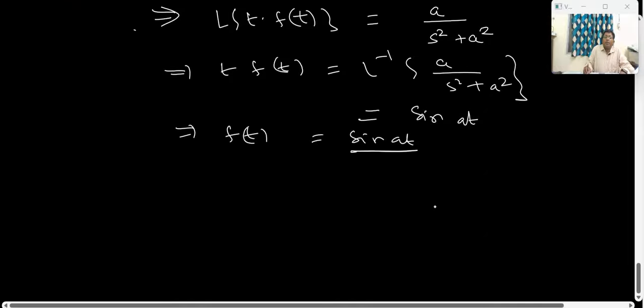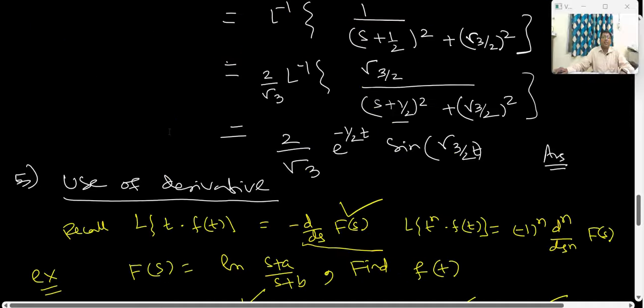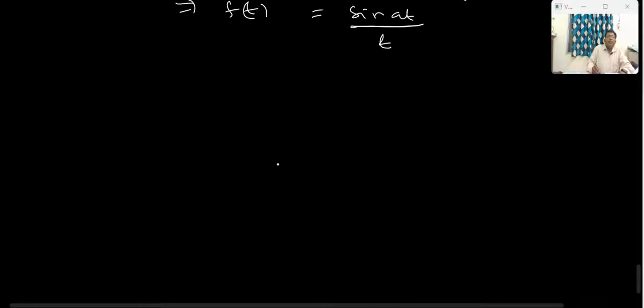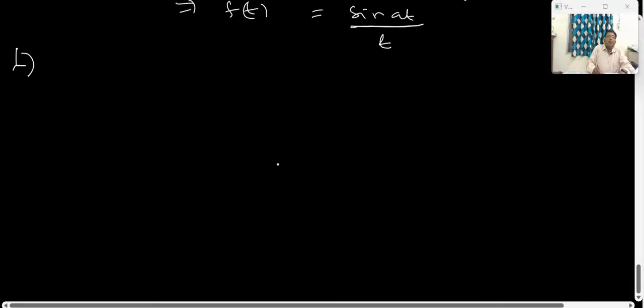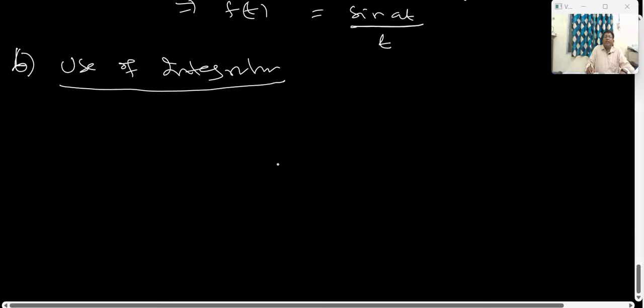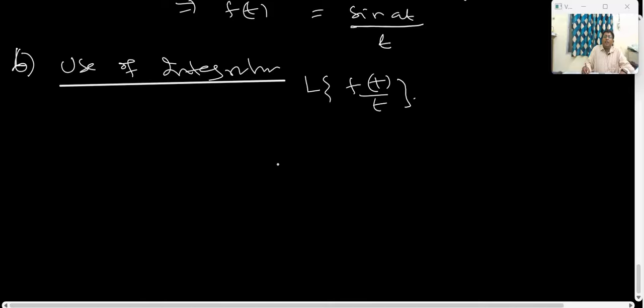Then you come to the next aspect, the sixth: use of integration. You recall now, if t is divided, then L of f(t) by t is the integral from s to infinity of F(s) ds.